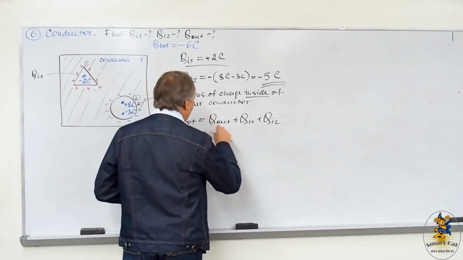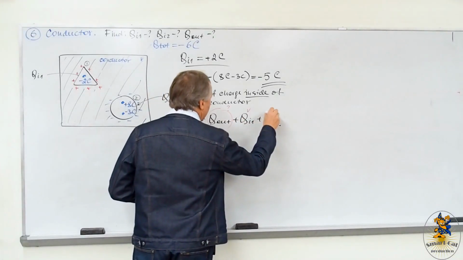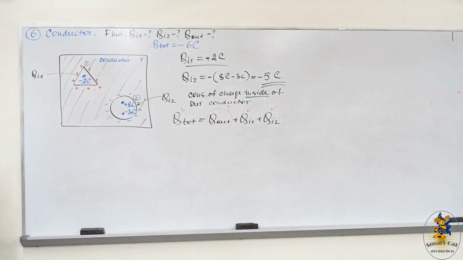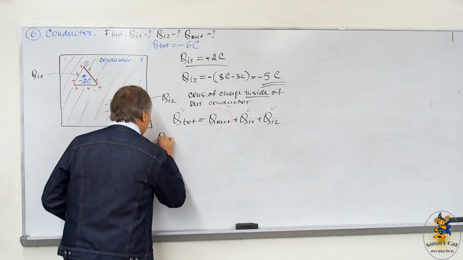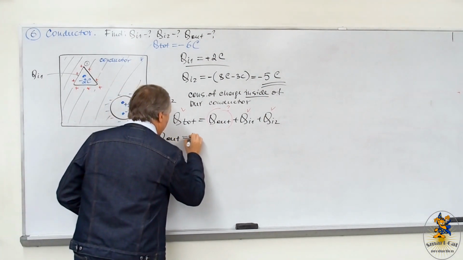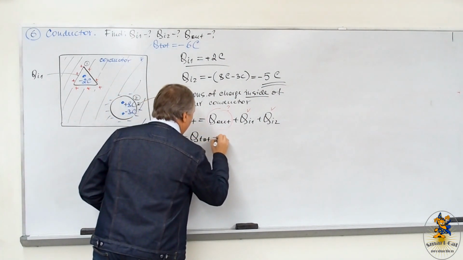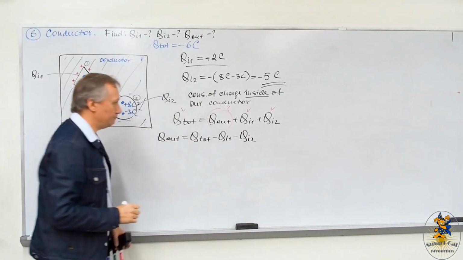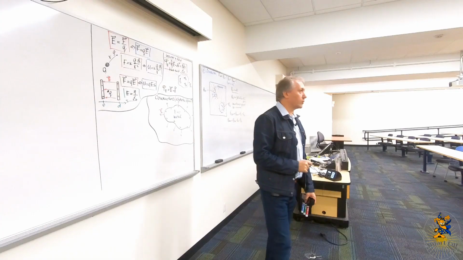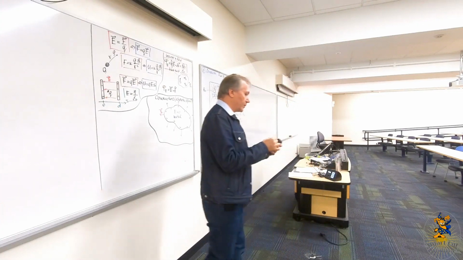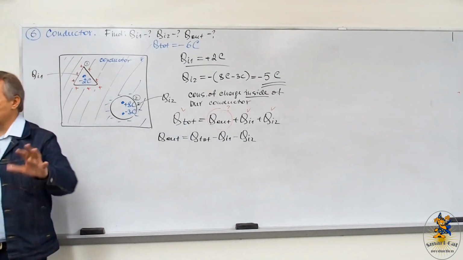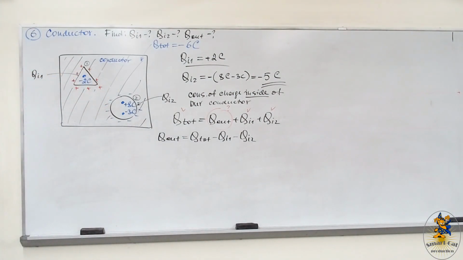Right, so that's our unknown. We found this, we found that. This was given from the very beginning. So we can write, Q on the outer surface will be equal to Q total minus QI1 minus QI2. And I told in my recitation class many times, be careful over here with these minuses because quite often students try to skip steps and make really silly mistakes.